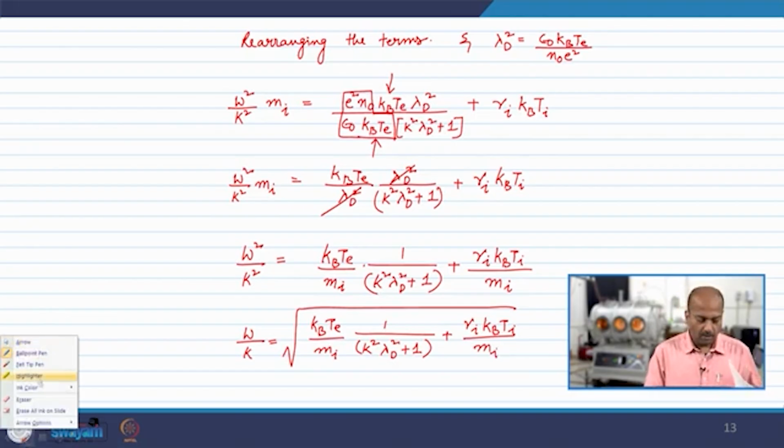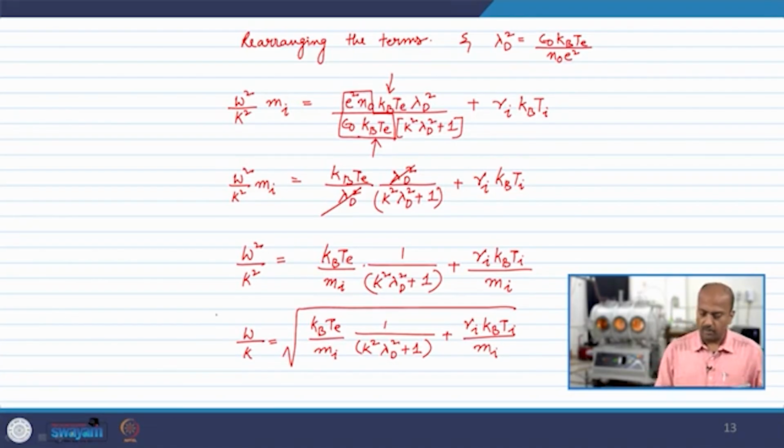So, this is nothing but the dispersion relation, omega versus k.